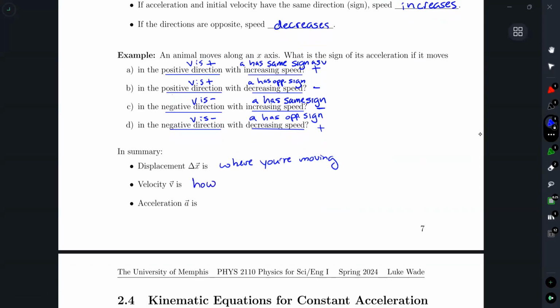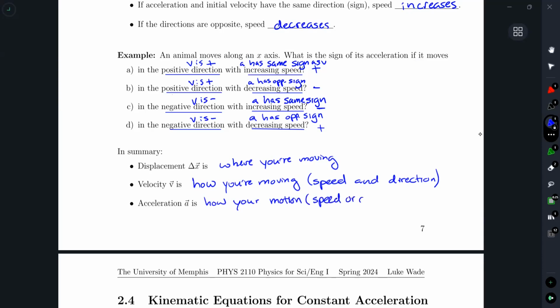Velocity is how you're moving, meaning with what speed and in what direction. And acceleration is how your motion is changing. And motion does, again, mean speed or direction. So if either is changing, you are accelerating.